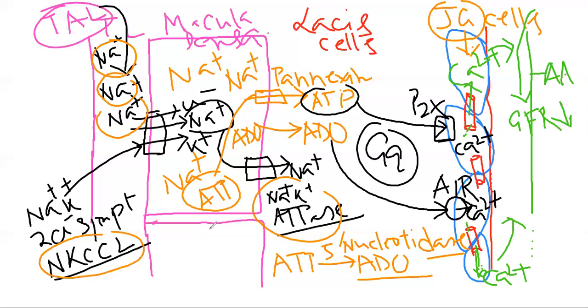Now, if we try to understand this juxtaglomerular apparatus as well as the tubuloglomerular feedback mechanism in a flow chart, then it will look like this.